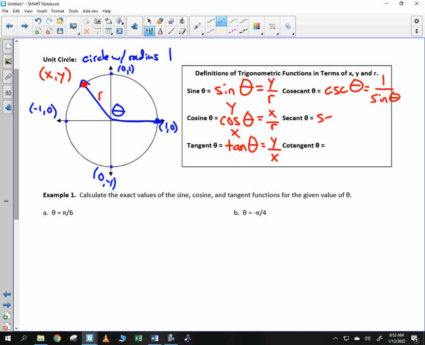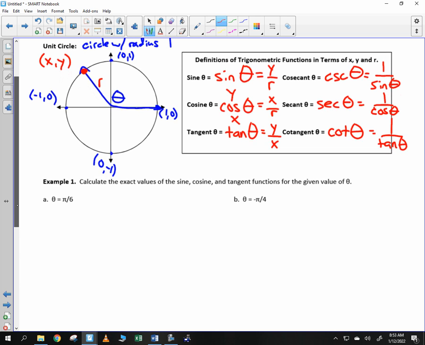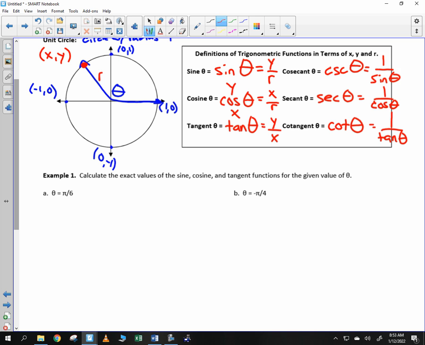We write that as SEC of theta. And that's 1 over cosine. And then finally, cotangent, we write as COT, cotangent of theta, and that's 1 divided by tangent. Not too bad?